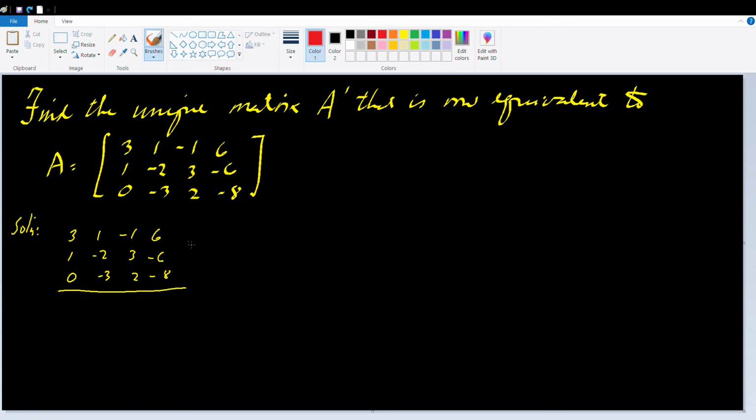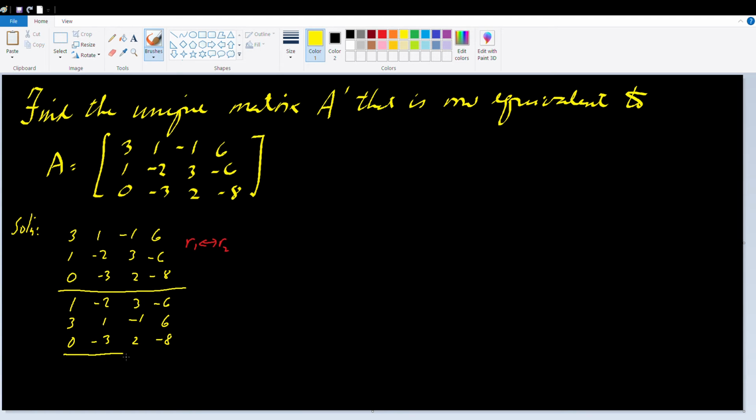Thus we have 1, negative 2, 3, negative 6, 3, 1, negative 1, 6, 0, negative 3, 2, negative 8.